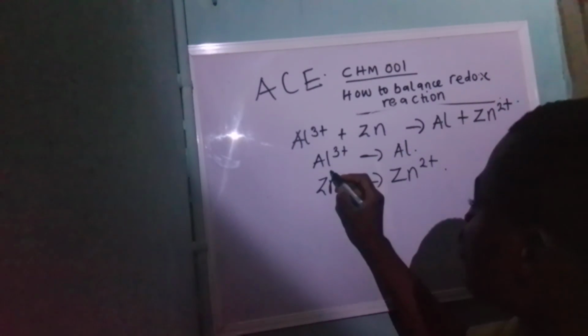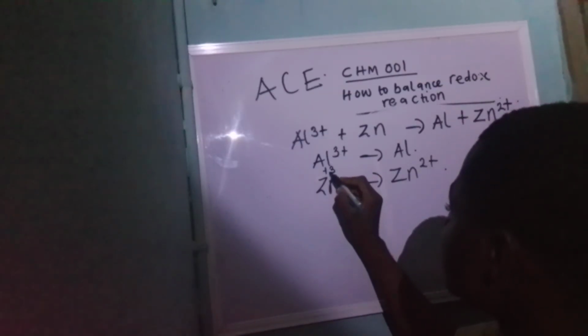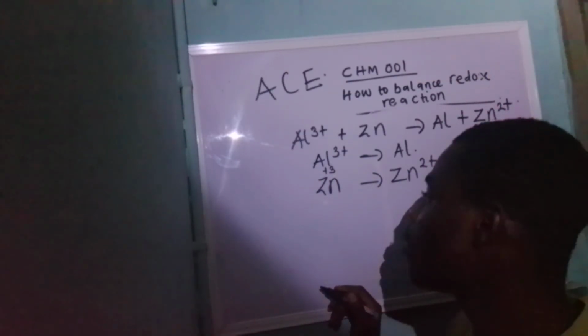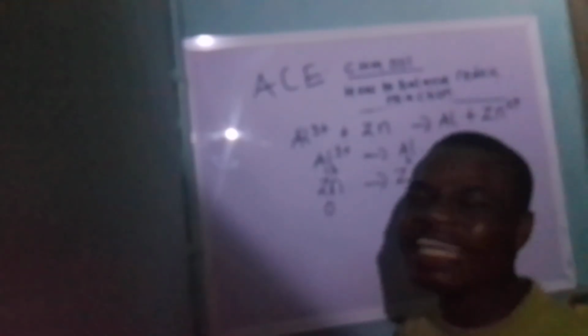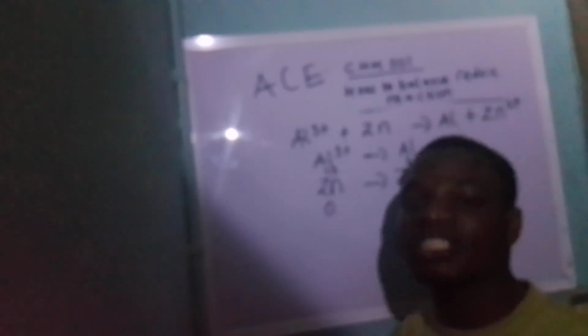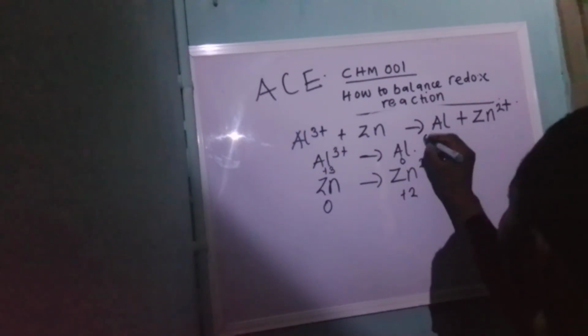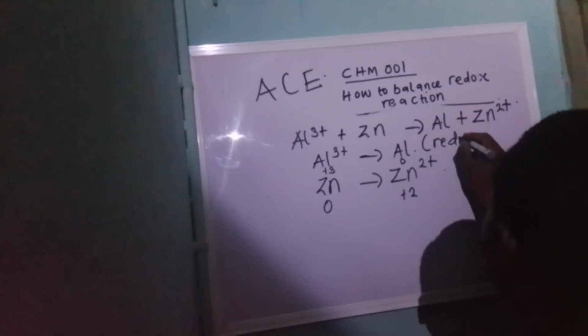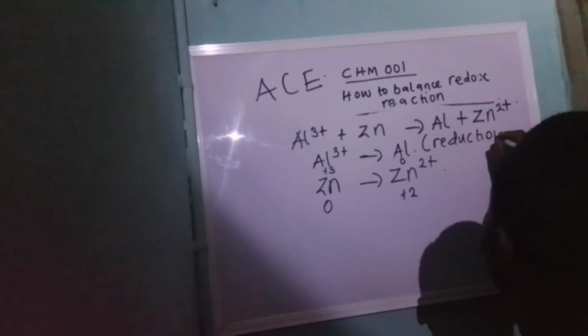So the charge of aluminum here is +3, which means its oxidation number is +3. Here it is 0, in the uncombined state. For tin, it is 0 here and +2 here. If you look, we have from +3 to 0. It means there is a decrease in the oxidation number. Definitely reduction will occur here.